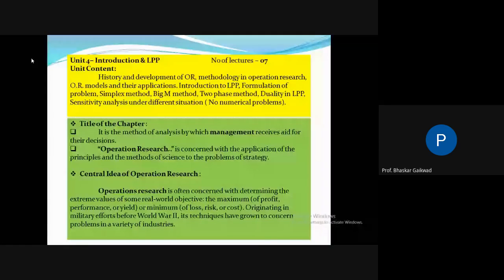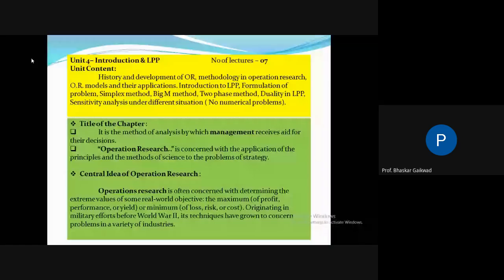So in short, once again, I will give the methodology, just like research paper writing. Similar methodology is here. First of all, define the problem, formulate mathematical models, develop the mathematical solution, interpret that solution, find out the best solution.